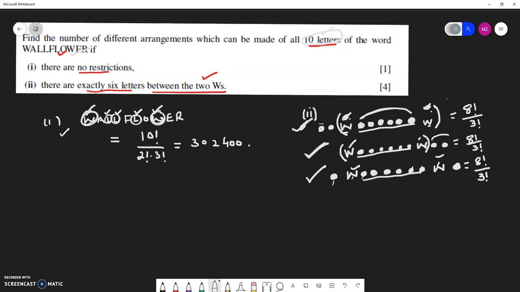So what is the total number of arrangements? Simply add these arrangements, or you can just multiply 3 with 8 factorial over 3 factorial. So our answer will be 3 multiplied by 8 factorial divided by 3 factorial, and that will be equal to 20160.